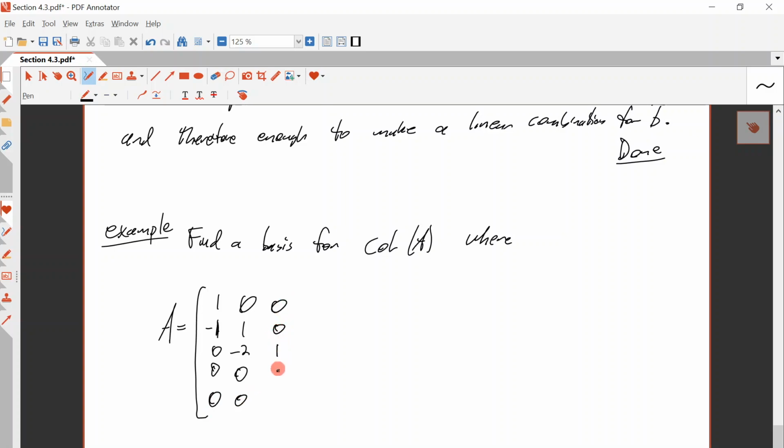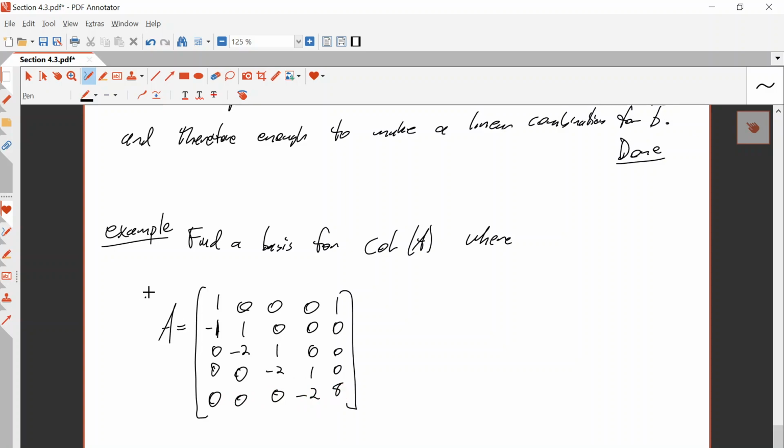A has rows 1, 0, 0, 0, 1; -1, 1, 0, 0, 0 ... with entries 0, 0, 1, -2, 0, 0, 0, 0, 1, -2, 1, 0, 0, 0, 8. Find a basis for the column space of A. So here we've got 5 columns.